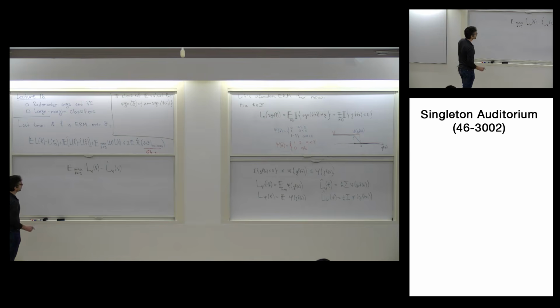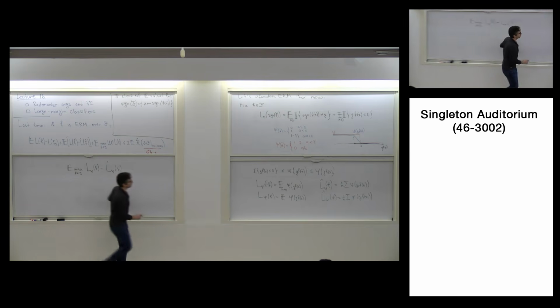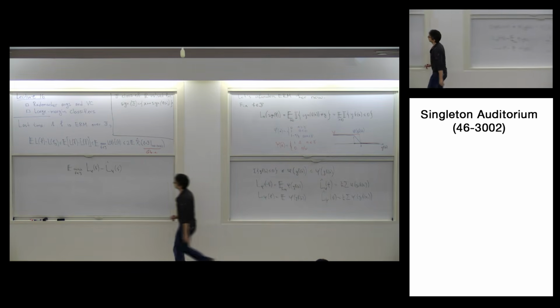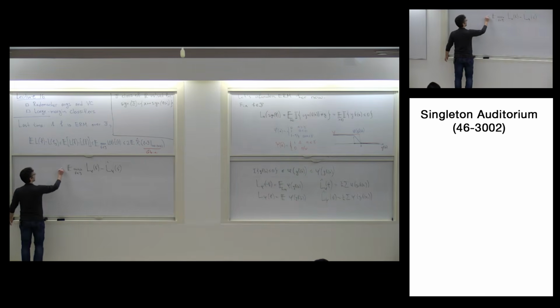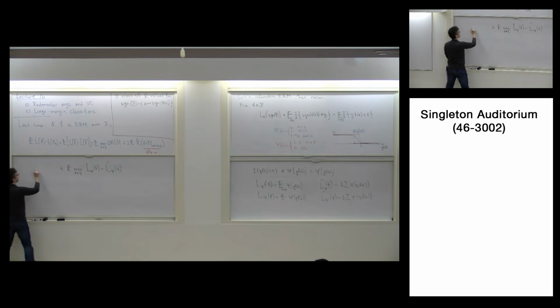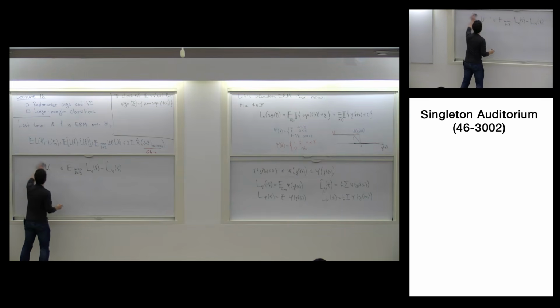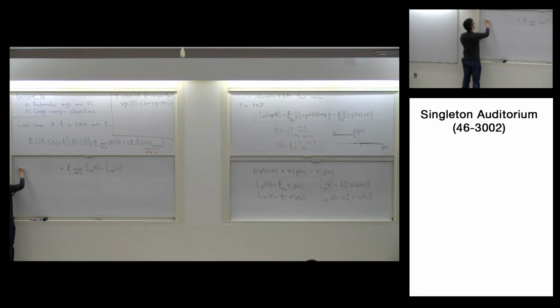Right? Okay, now because of this domination, because phi is lower bounded by the indicator, that's lower bounded by the expected max of L01 of f.